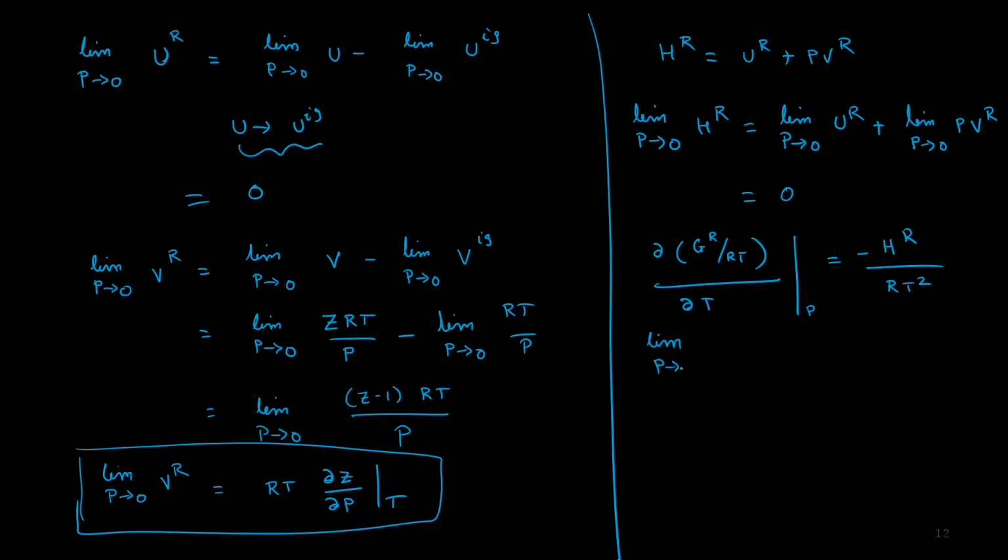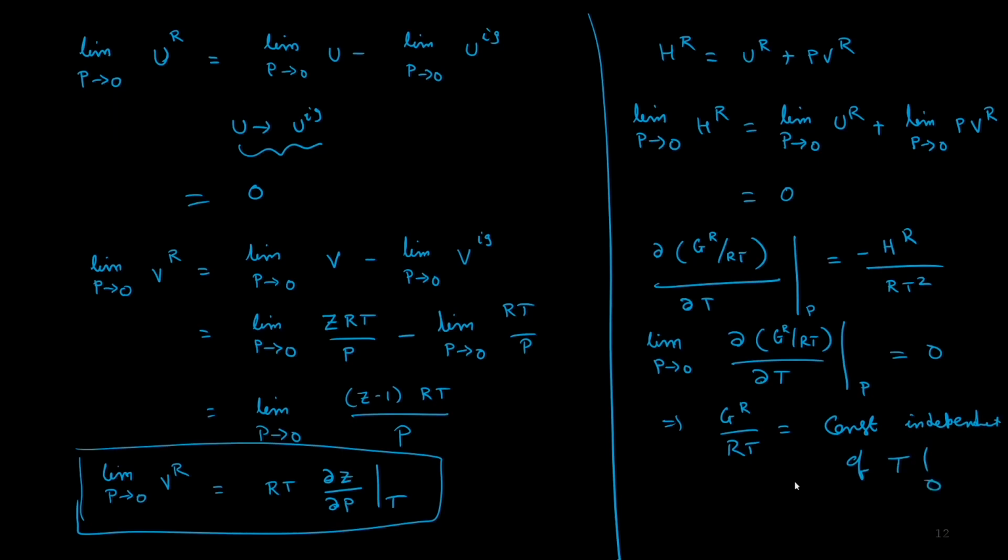Limit P going to 0, the derivative of G^R over RT with respect to temperature at constant pressure is 0, which implies G^R over RT is a constant, independent of temperature. Right? At the limit of 0 pressure, G^R over RT is a constant, independent of temperature, because the derivative with respect to T goes to 0.